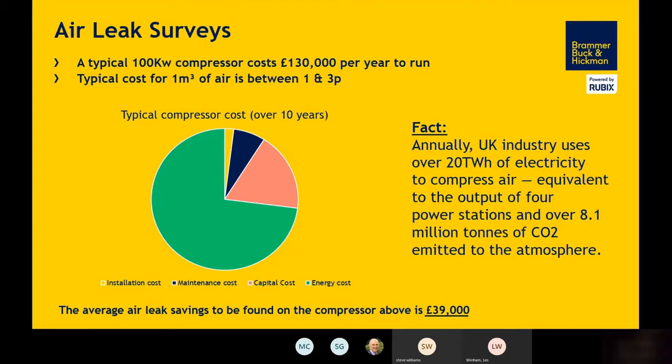Of this number, the UK average for air leaks generated from this is 30 to 35%, which in this example equates to £37,000 to £40,000 of potential air leaks. This highlights that energy costs are the biggest factor over its life, and that air leak remedials are a quick and sensible solution to reduce this.